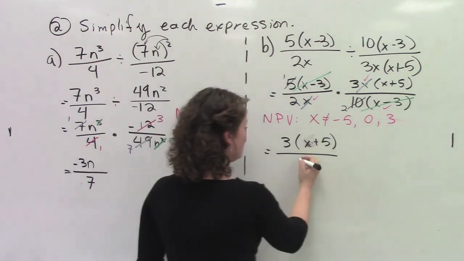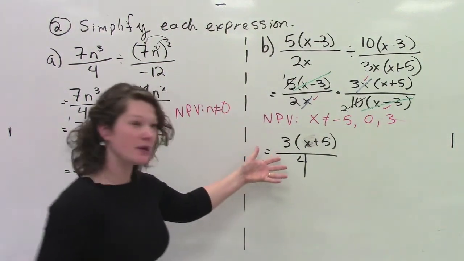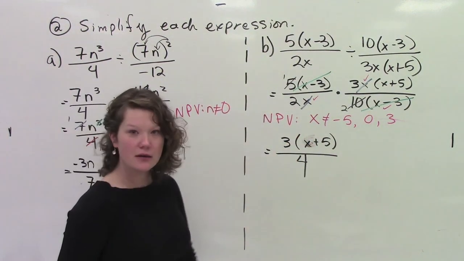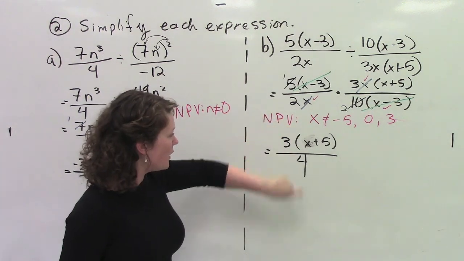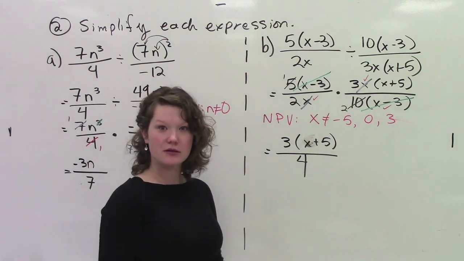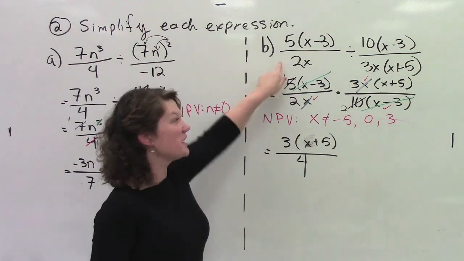That's that. This is as simple as we can get it. I can't cancel 4 with any of those things. I can't cancel 3 with any of those things. I can't cancel x plus 5 with 4. So that's the end of the question. That's the final answer. Much nicer than that, eh?